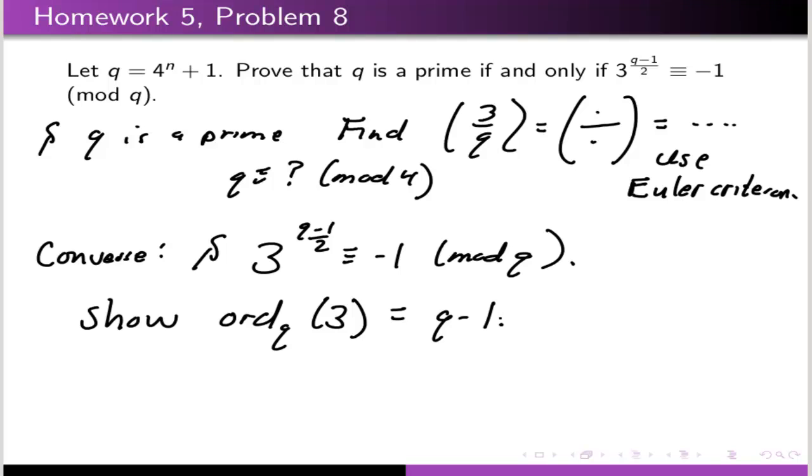And if you can do that, that proves that q is a prime, because the order must be a divisor of the Euler phi function, right? So that would imply that q minus 1 divides phi of q, and you can show that means q is a prime. So we did this in one of the theorems. Maybe it was Pepin's test. Q is a prime.